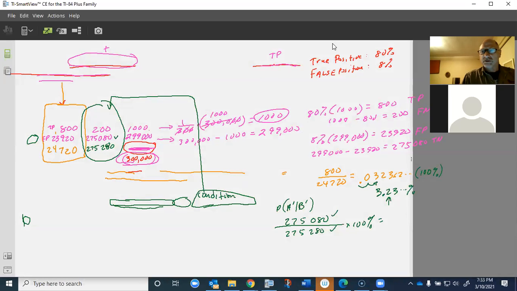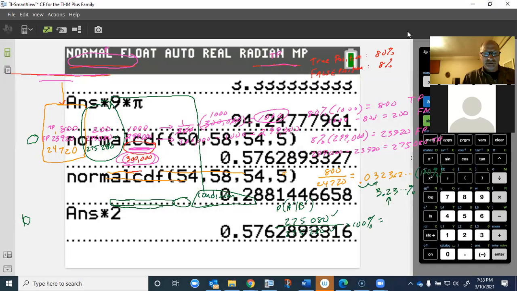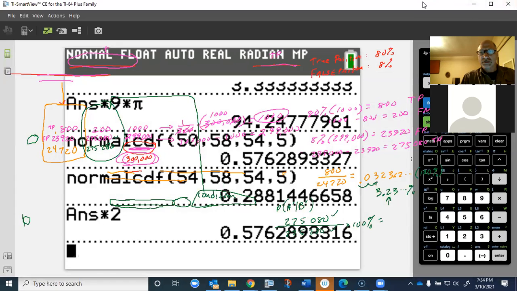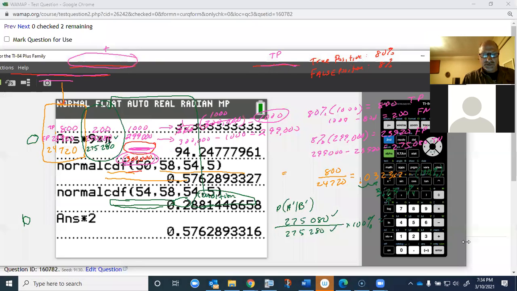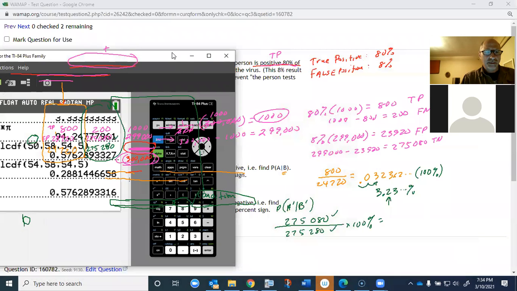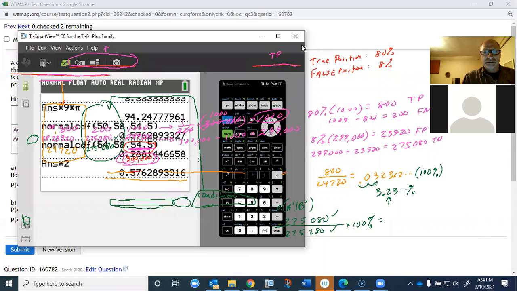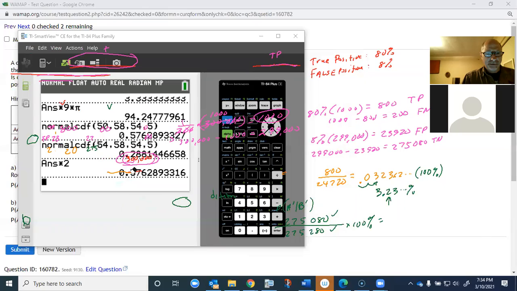I don't think we want that to be that big. Let me make this smaller. Way too big. Let me clear a bunch of this stuff off.